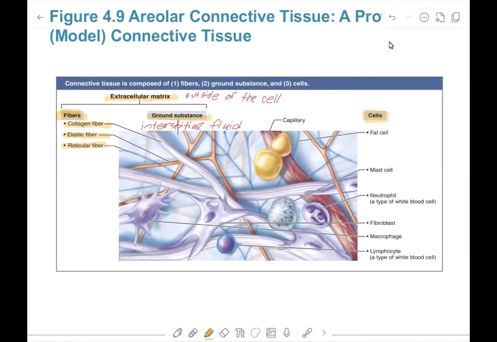For example, there would be a fat cell if, in fact, it was adipose tissue. There would be what's called a neutrophil, which you don't need to know yet what that is. You'll learn about that in A&P2, but it's a white blood cell, and so that would be present if this was the connective tissue of blood.